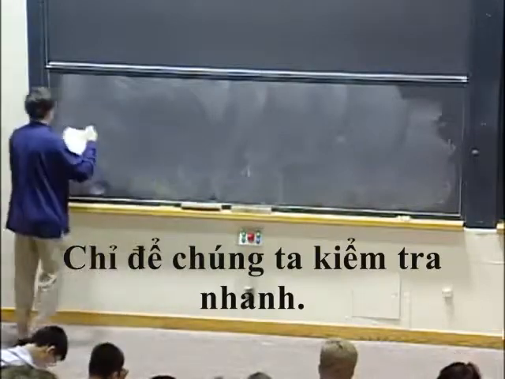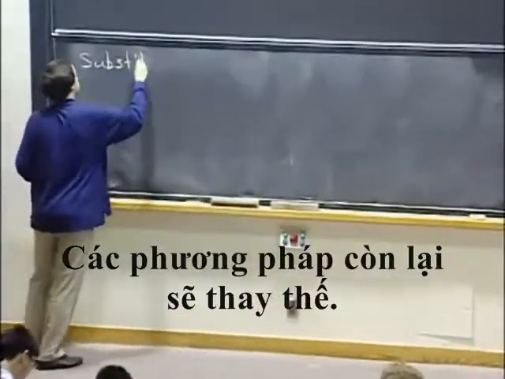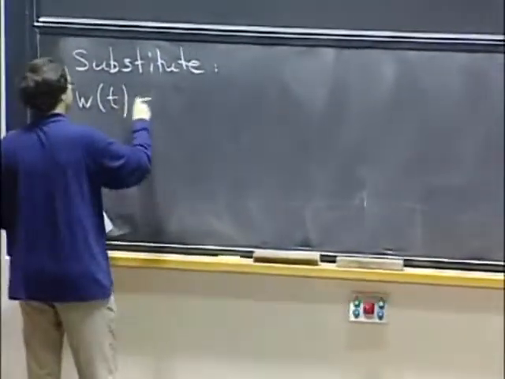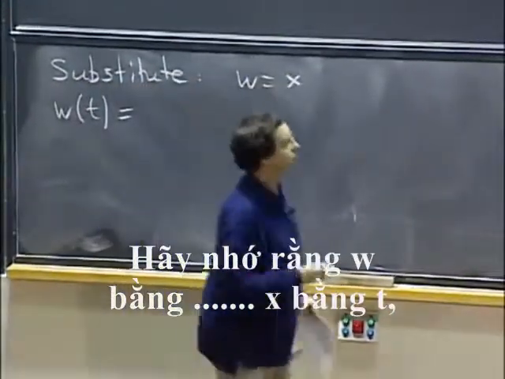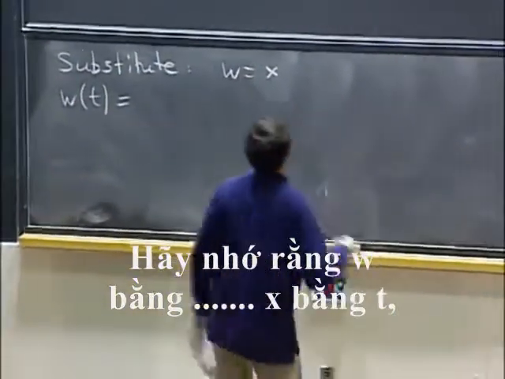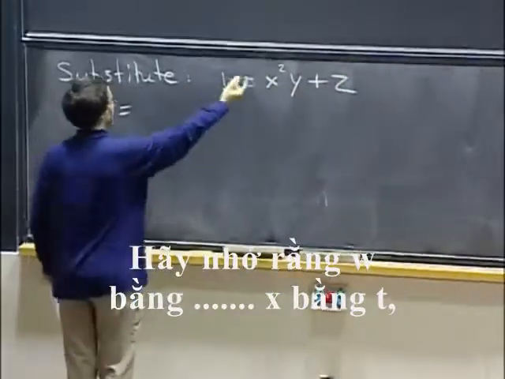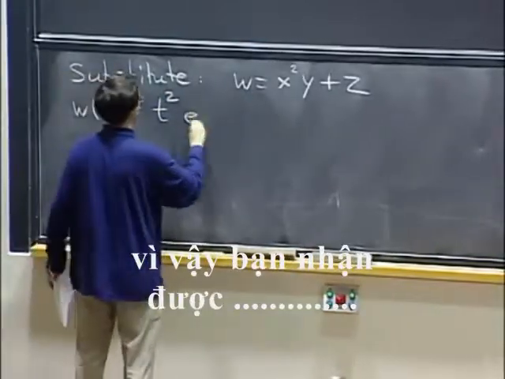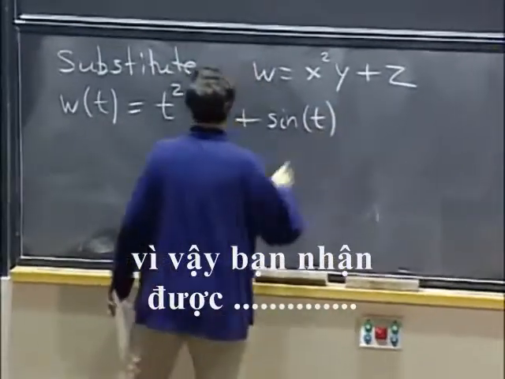So let's just check quickly. The other method would be to substitute, so w as a function of t. Remember w was x squared y plus z. So as a function of t, x was t, so you get t squared, y is e to the t, plus z was sine t.